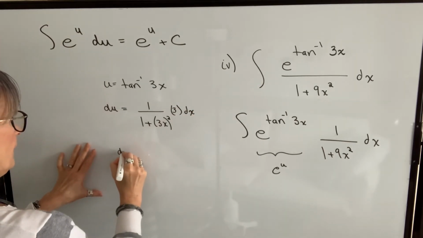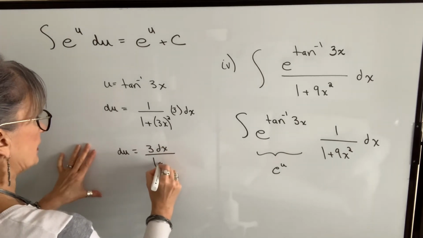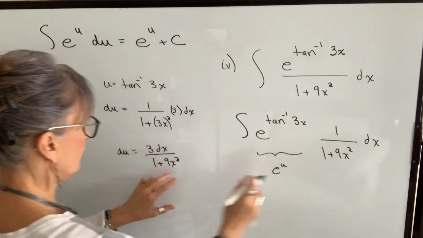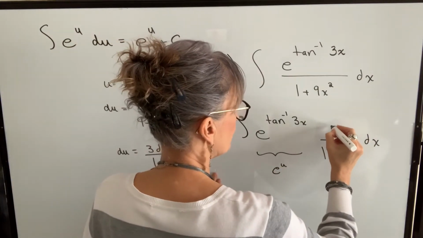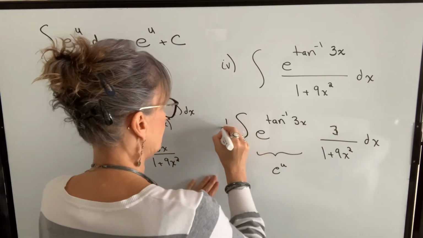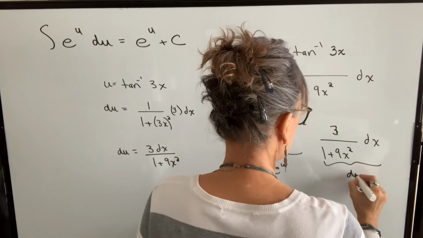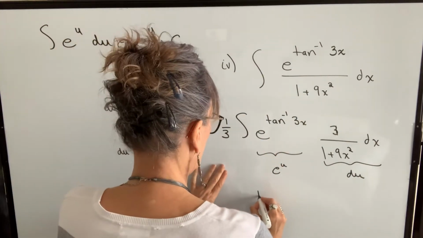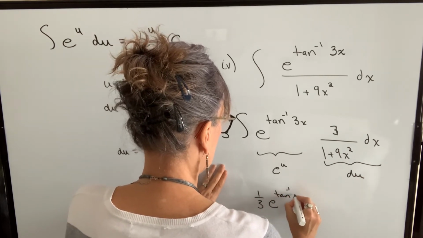So our du factor will be 3 dx over 1 plus 9x squared. We almost have it. We just need to multiply by 3 and then we'll have it. So if we multiply by 3, we'll just divide by 3 as well. Now we have our du factor, so we can integrate this according to our pattern. It will be 1/3 e to the inverse tan of 3x.